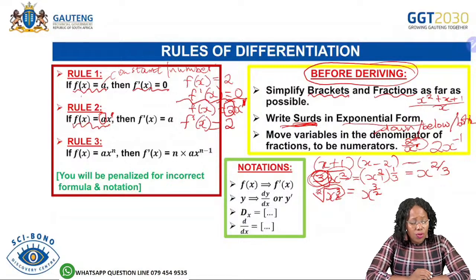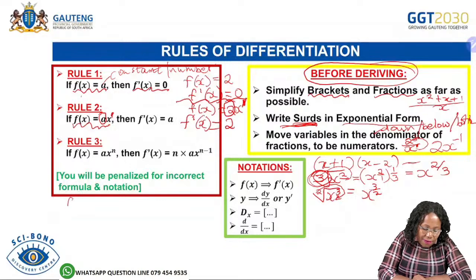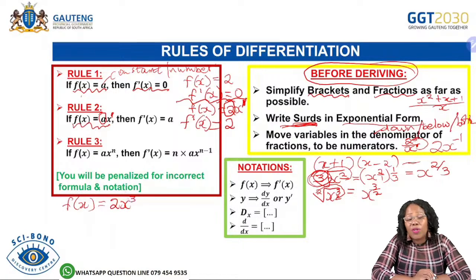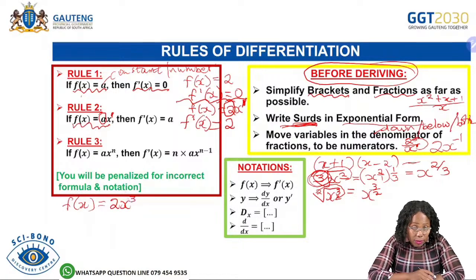And then the third rule there, we have f at x equal to ax to the power n. Can you see now in this case, we are having the f at x that is having a constant value, 2x, but this x is now having an exponent that is greater than 1, 2, 3, and so forth, okay?